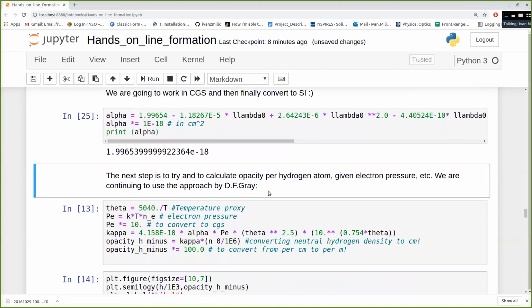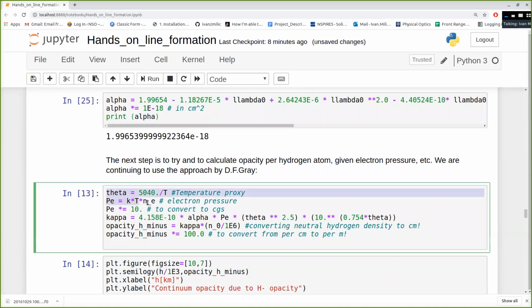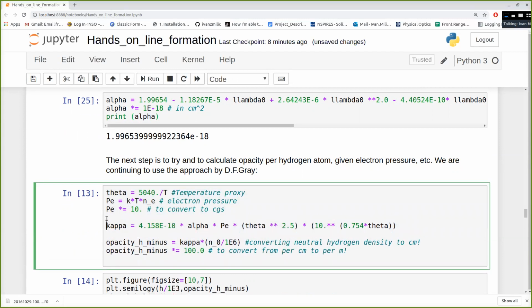And then there is another chunk of calculations here that you might want to save because it might be important for your further modeling. It allows you to calculate this quantity here, kappa, which is the effective cross-section per hydrogen atom. So it allows us to relate the number of negative hydrogen atoms to neutral hydrogen atoms, and to calculate the opacity that way.